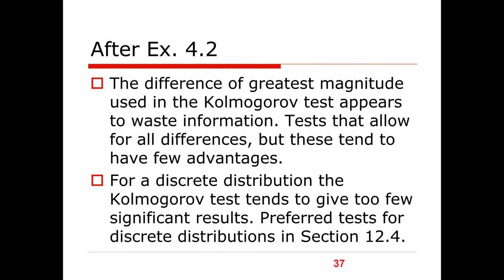But tests for other differences tend to have fewer advantages. The advantage of Kolmogorov is, although it wastes some information, it is very straightforward and easy to make a conclusion. But for discrete distributions, Kolmogorov tests don't work very well because of the sparsity of the data.